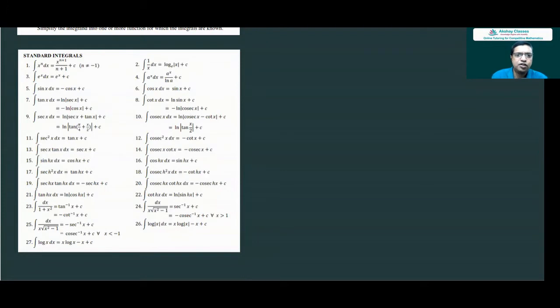Why log modulus of x? Why not just log x? Because we don't know what the value of x is. x can be a negative value, but log cannot be defined for negative x. Log can be defined only for positive x. So even if x takes a negative value, modulus of x takes care of it.